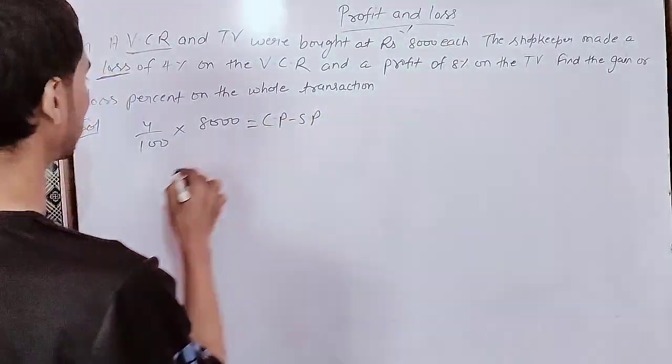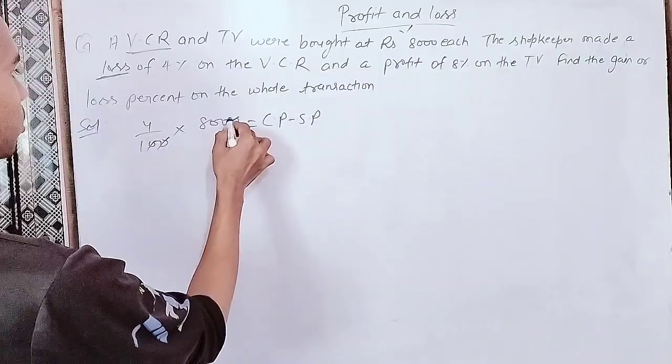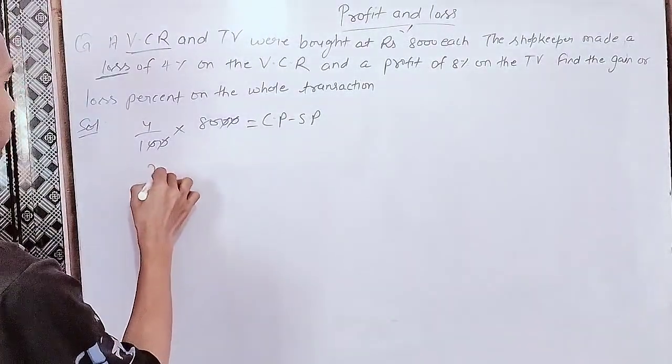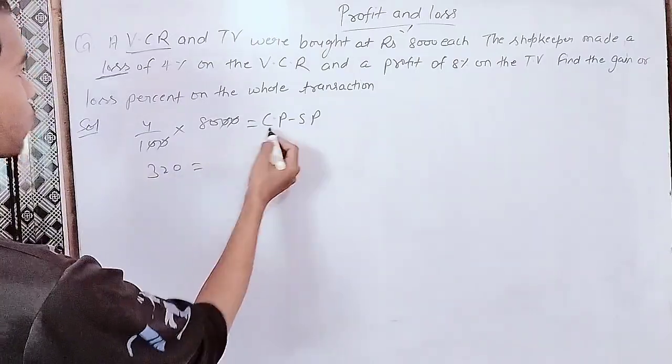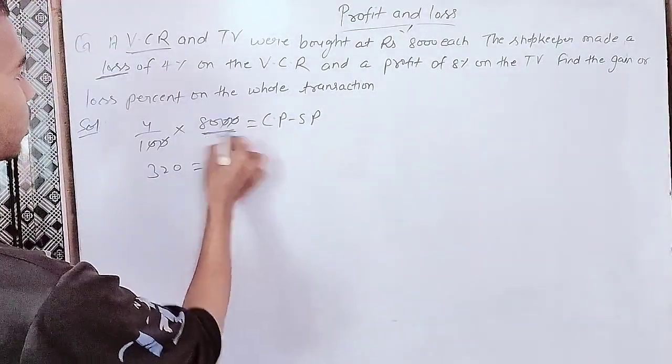Let's begin from VCR. This is 4%. Okay. 4%. How much? Of 8,000. Is what? This is what? A loss. This is loss, not profit. So cost price is high, selling price is low. Like that. Now we have 8 fours are 32. So here we have what?